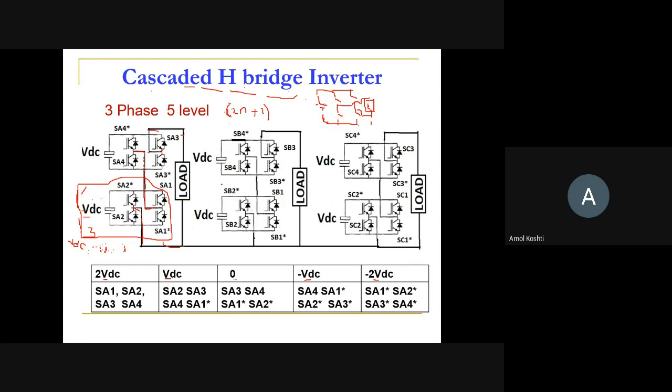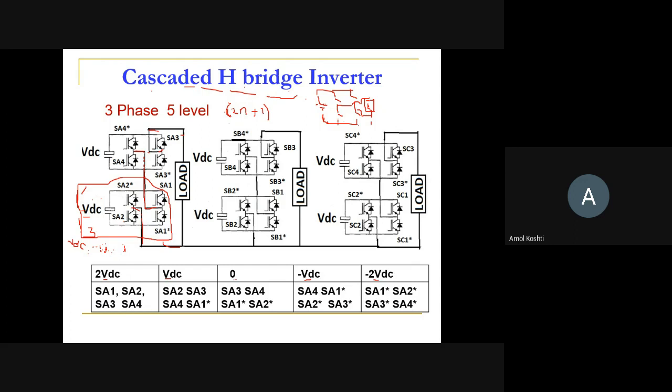Suppose you add one more cell or module in series with these two bridges. What level of output will you get? Here n is 3, because we are connecting 3 cells in a cascaded manner.